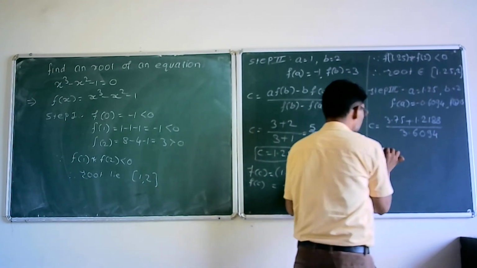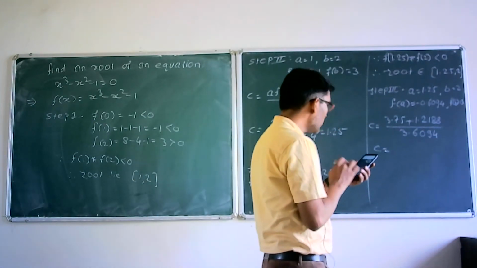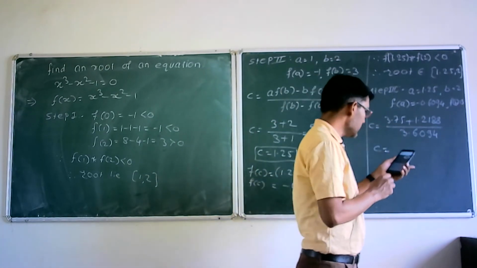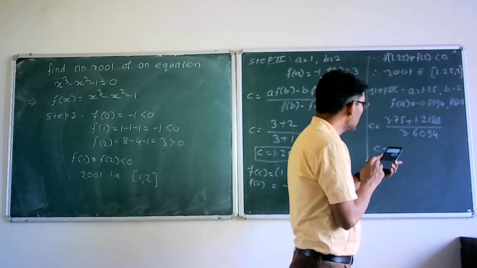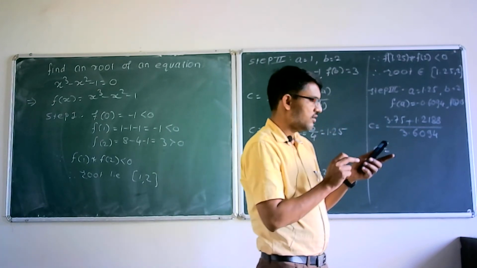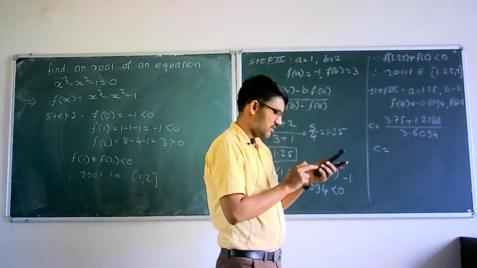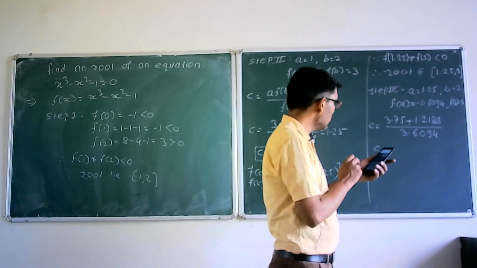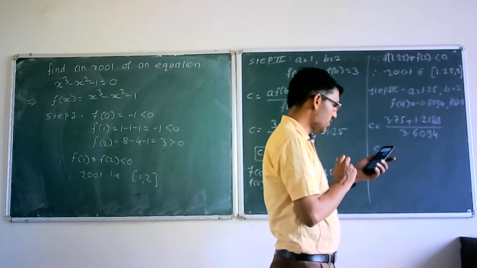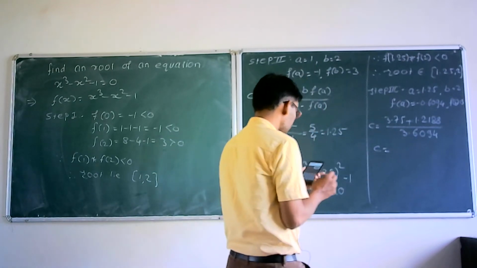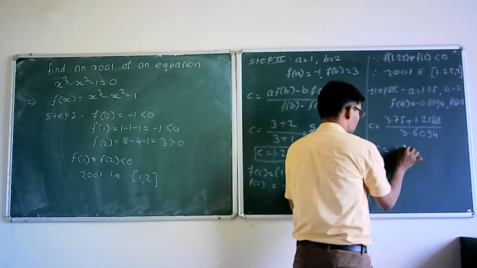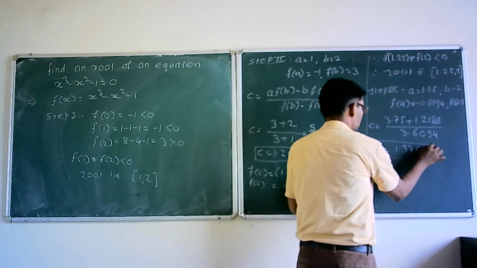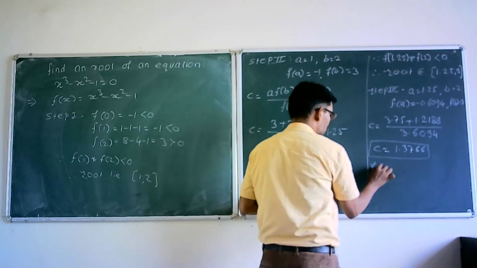So if you add 3.75 plus 1.2188, and divide it by 3.6094, you will get 1.3766. Okay, now we want to check whether it is a root of our equation.